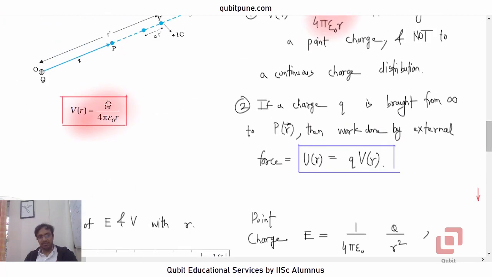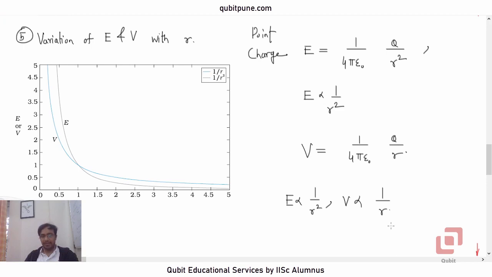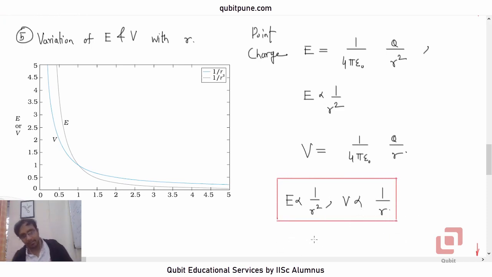So E varies inversely with square of r, and potential, which is a scalar quantity, varies inversely with the first power of r. So you remember this proportionality relationship between E and r and V and r. They might ask you this in multiple choice questions.